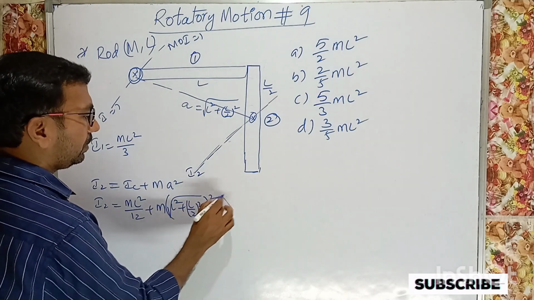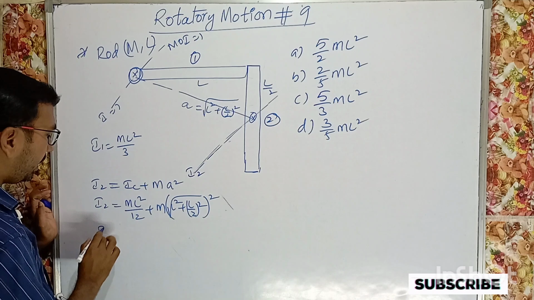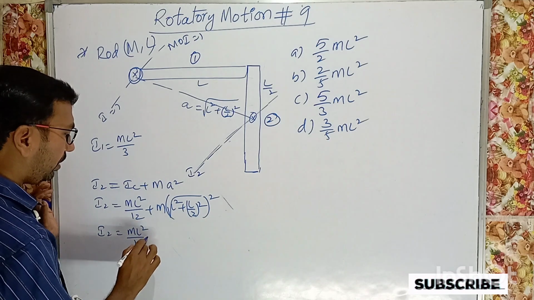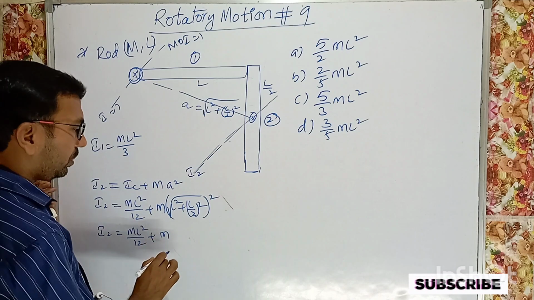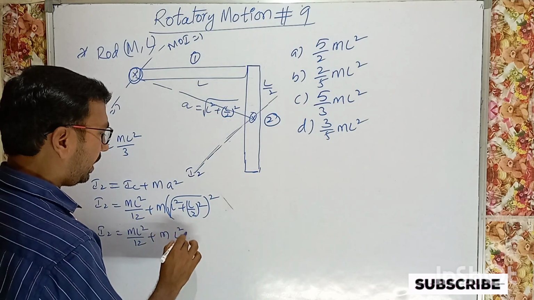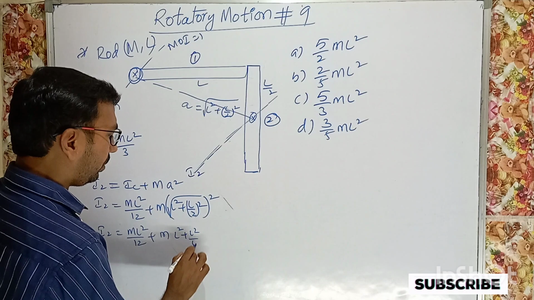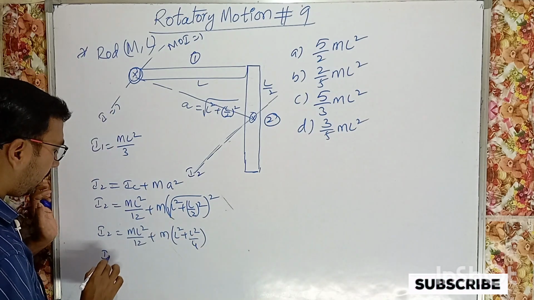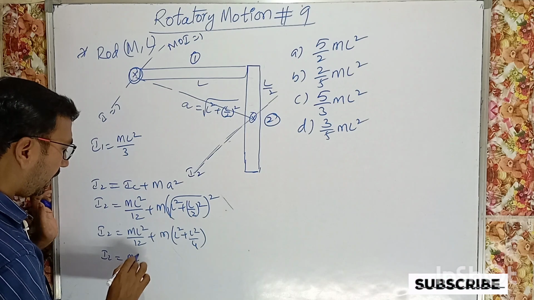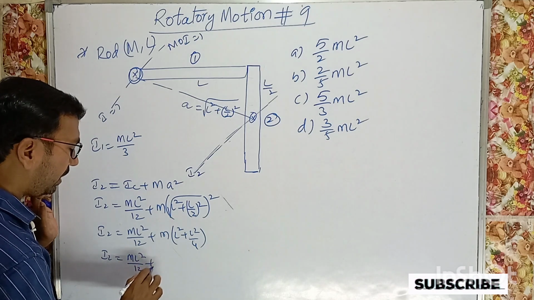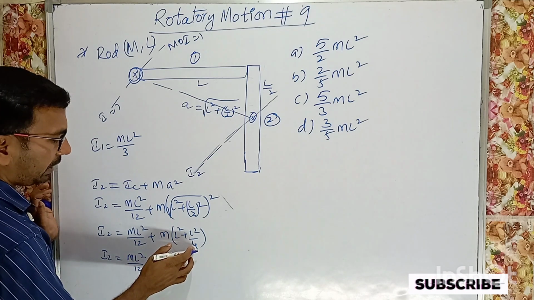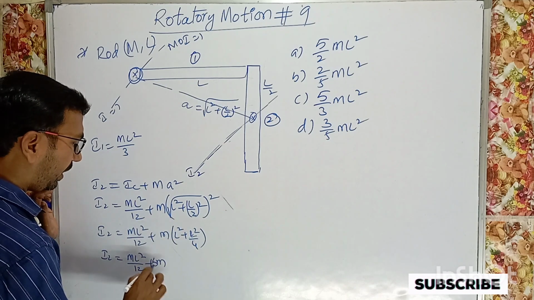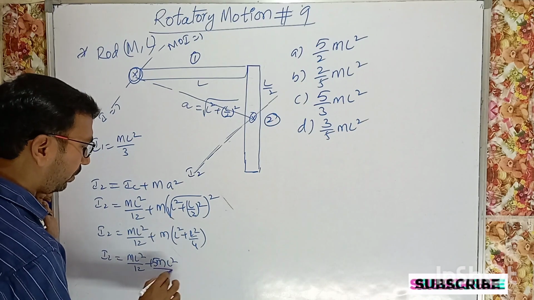Okay. So I2 is equal to M L square by 12 plus M times L square plus L square by 4. So here I2 is equal to M L square by 12 plus M, and the LCM of 4 is 5 L square, so 5 M L square by 4.